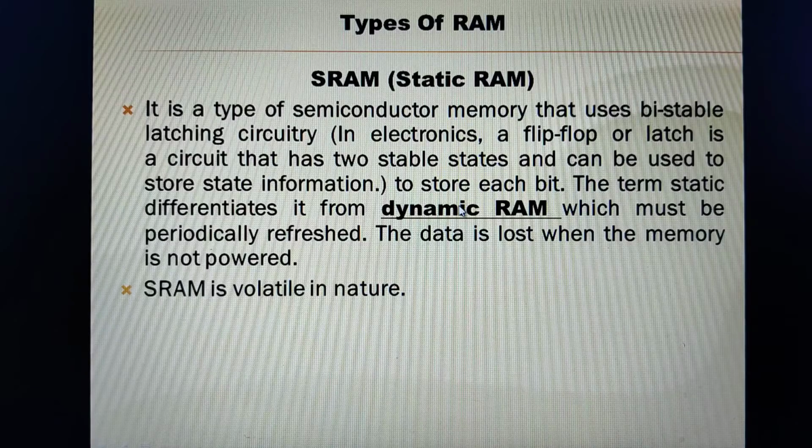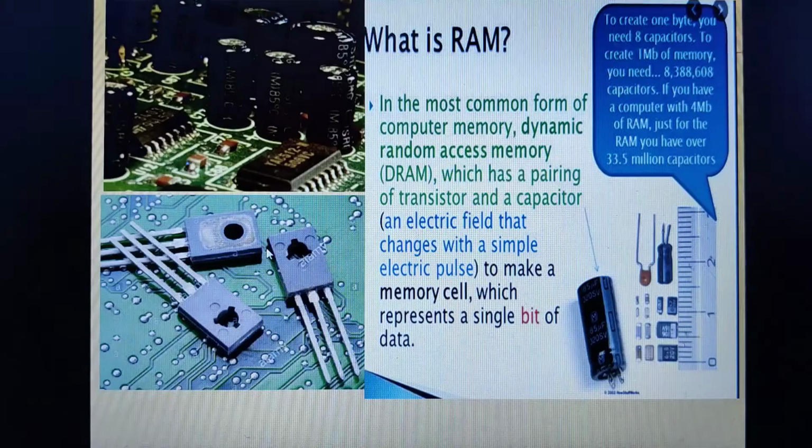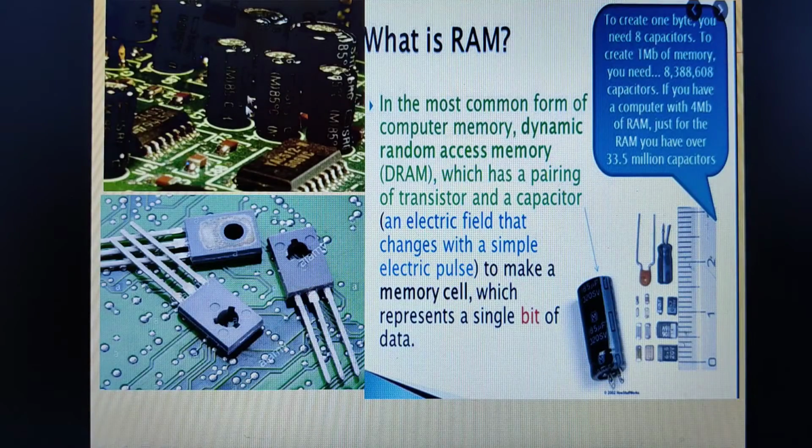We have another form of random access memory, that is dynamic random access memory, that has to be periodically refreshed. Herein the data will be lost when the memory is not powered. Dynamic random access memory is made up of both the capacitors and the transistor. These capacitors are the ones responsible for holding the data.